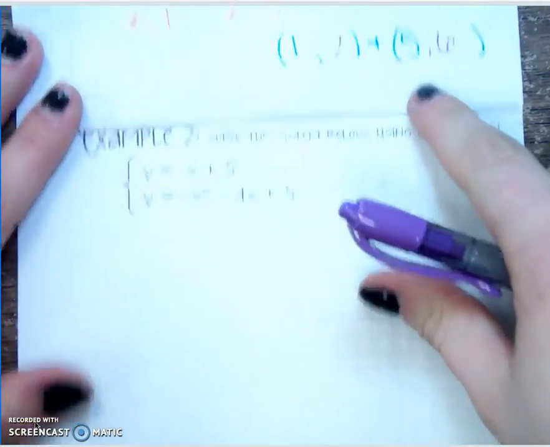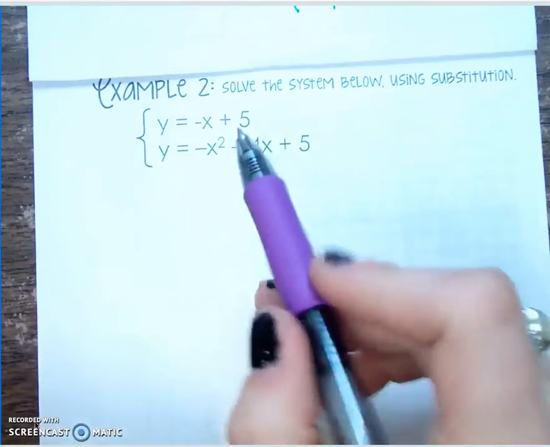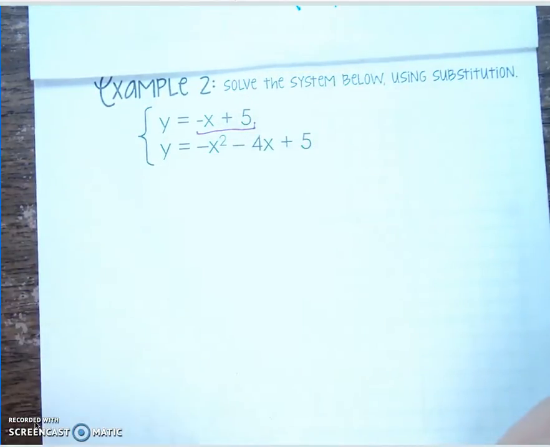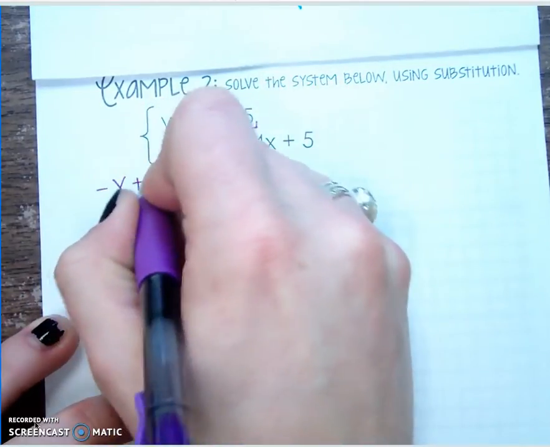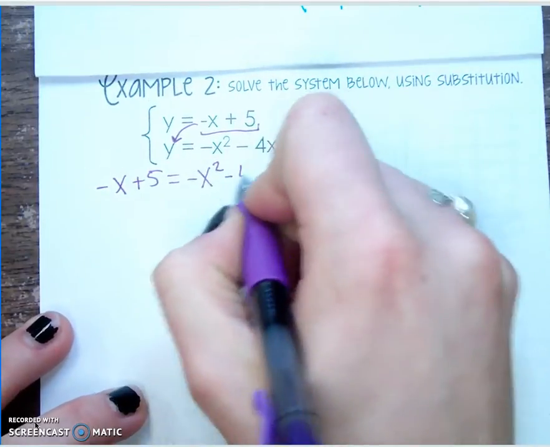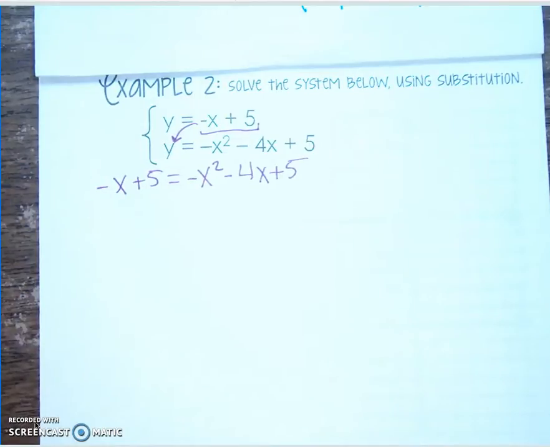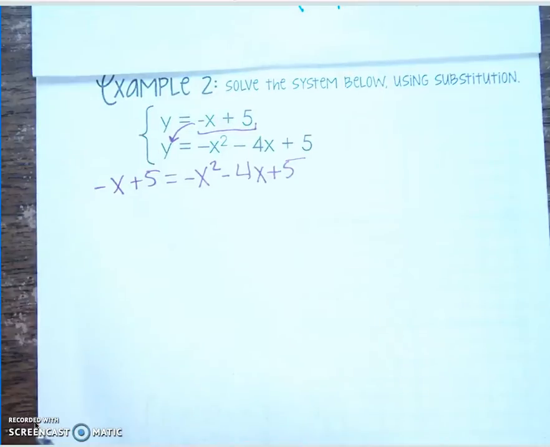So example 2, again, we're going to substitute in. I already have y solved for, so I'm going to plug it in for my y value. Negative x plus 5 equals negative x squared minus 4x plus 5. This time, so I don't have this negative, I'm going to move everything onto the left side of the equation.